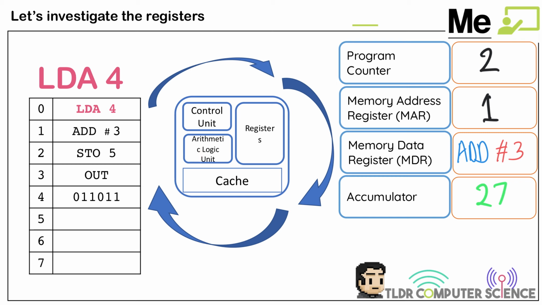Good guess. Nope. What keeps a running tally of the value? Accumulator. So we took the 27 into the ALU, we took the 3 into the ALU, we added them to make 30, and the result is put into the accumulator. So what do I put in the accumulator? 30. You see how that works?